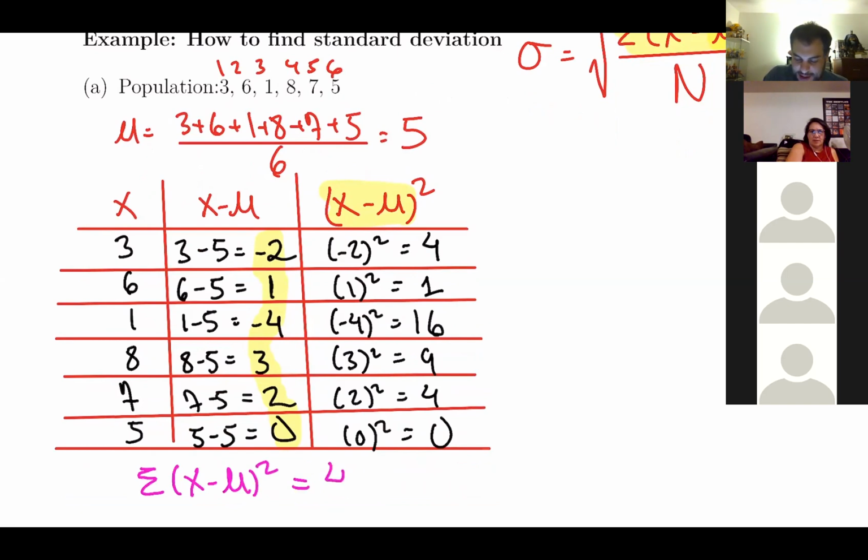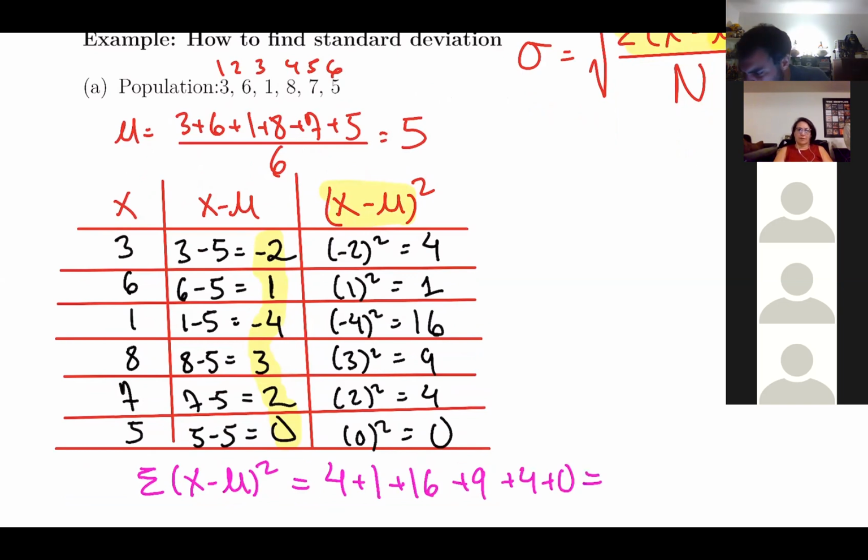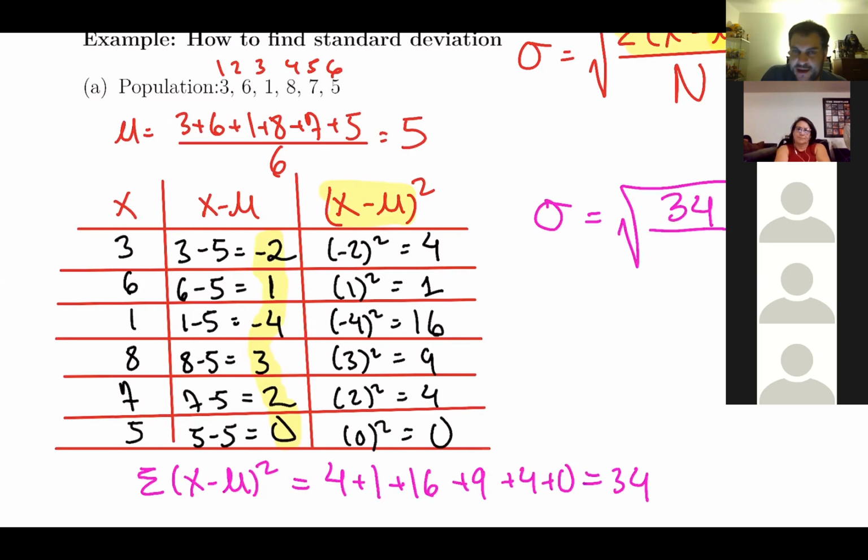So you do 4 plus 1 plus 16 plus 9 plus 4 plus 0. Cool. You get 34. So when we're doing sigma equals the square root of this divided by N, the top should be 34. Because that's what the summation of x minus mu squared is.